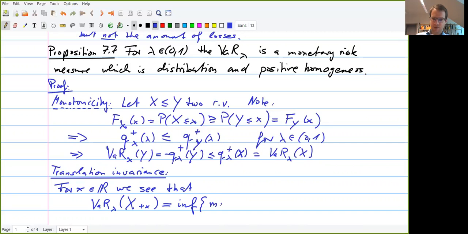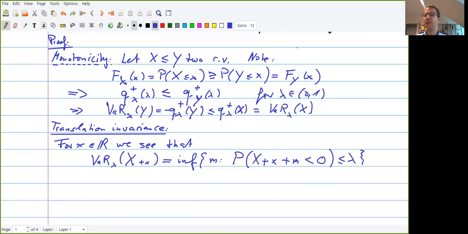All right. So let us recall this identity we have shown last time in the definition. So the value at risk is given by the infimum of all real numbers m such that the probability that the random variable X plus m is less than 0 is less or equal than lambda. Yeah, this is a representation we have already seen. We can recall it from last time. Okay.